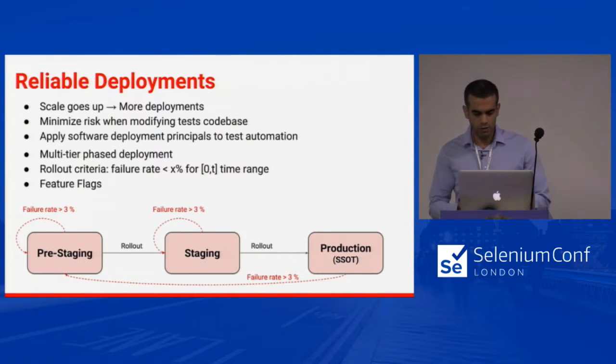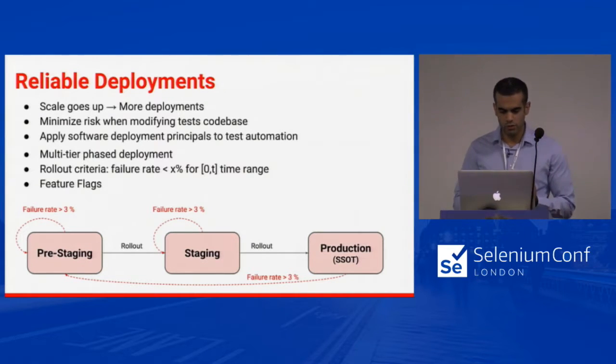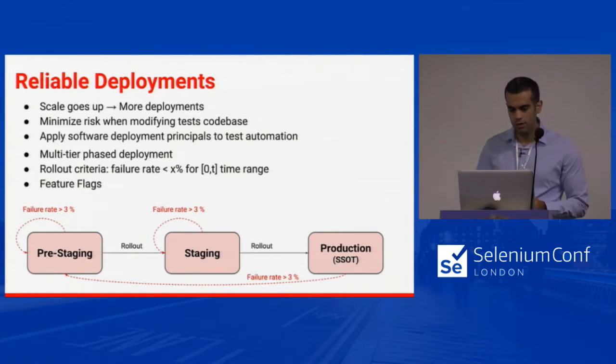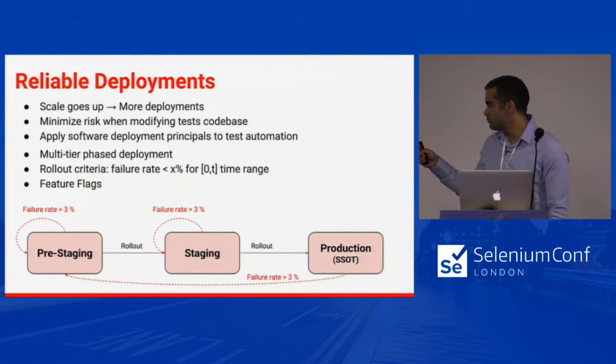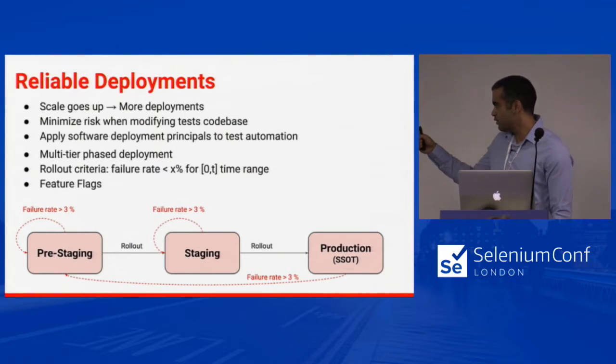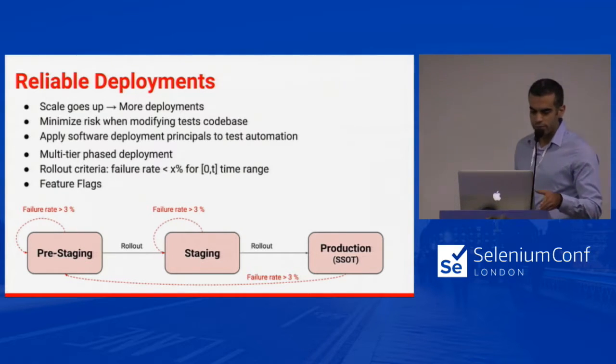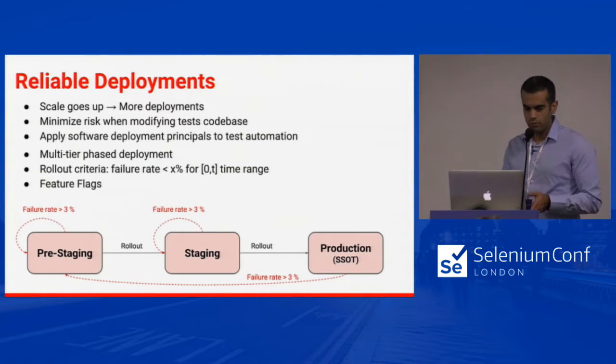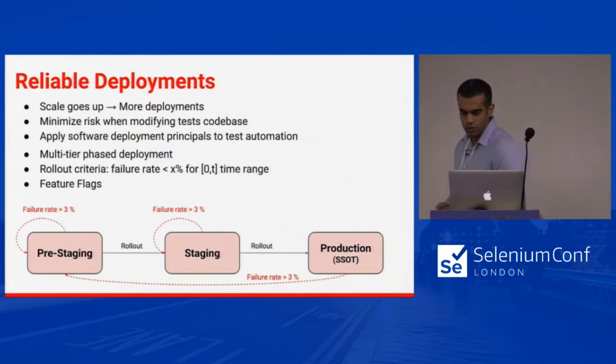Because staging and production are basically the same infrastructure and the same resources that we allocate for each one, but my single source of truth about my service health is reflected in the production environment. And we have set a rollout criteria for moving our new releases of test automation code base into the next environment.